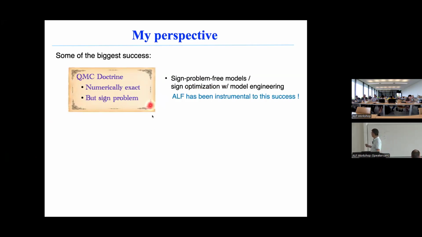And obviously, ALF has been instrumental to this success. And one could expect this to go on and go strong. The focus of our community has been on the sign problem, and to a large degree, rightly so, right? If it weren't for the sign problem, we'd be able to do so much more in exact fashion.